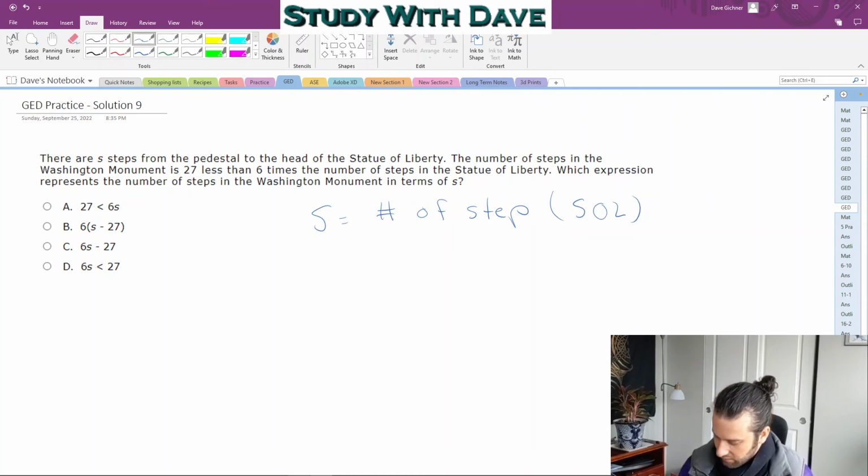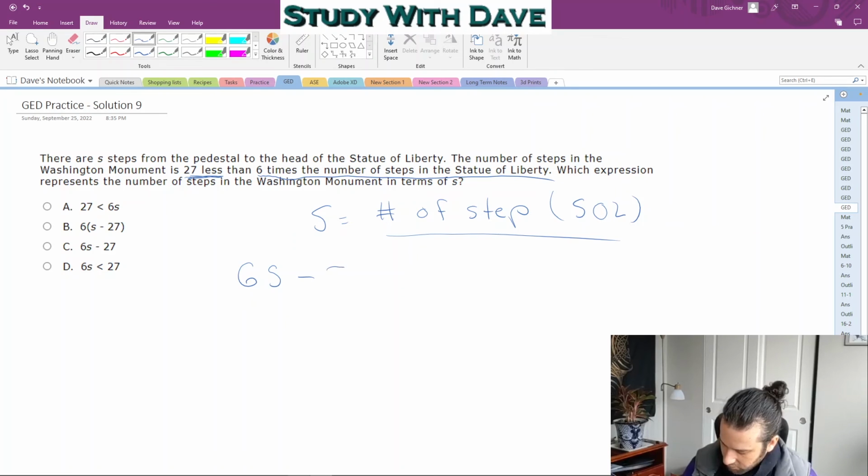So another way to look at this is 6 times the number of steps in the Statue of Liberty. Now remember, S is the number of steps in the Statue of Liberty, so this is just going to be 6 times S. 27 less than, so it's just minus 27. So what this is saying is the number of steps in the Washington Monument is equal to 6 times the number of steps in the Statue of Liberty minus 27.